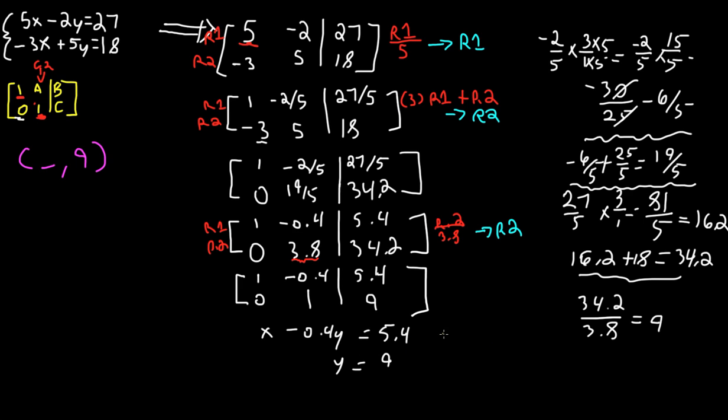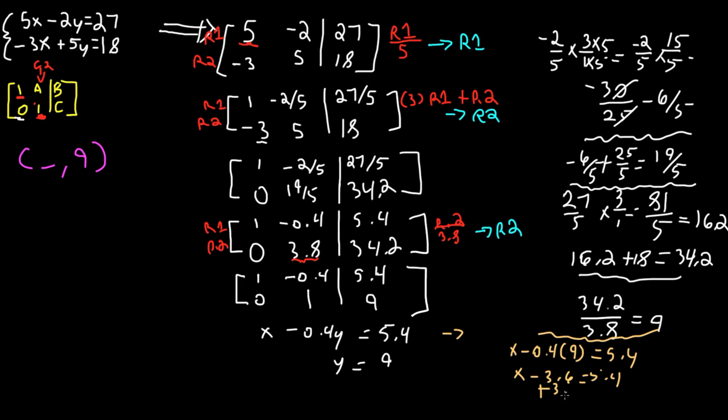So let's go ahead and do that. I'm going to do it down here. x minus 0.4 times 9 equals 5.4. That should be 3.6. Yeah, I was right. So that's going to be x minus 3.6 equals 5.4.